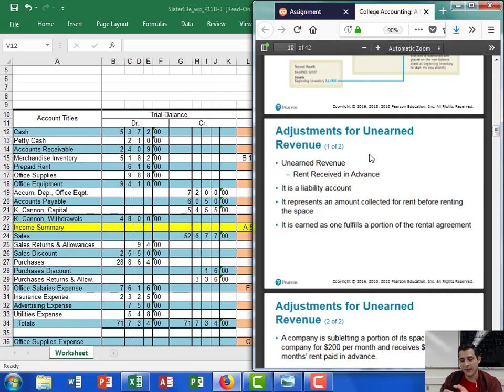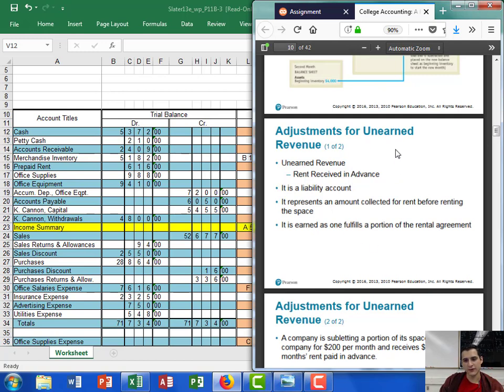So you still have to give back the other 3 months' rent to them, because you haven't earned that money. You can't just keep it because they gave it to you. So it would be considered a liability, something that you owe to them, until the time comes where the rent is due, and then you actually, quote unquote, earn the money and have it transferred from a liability to your checking account or an asset account.